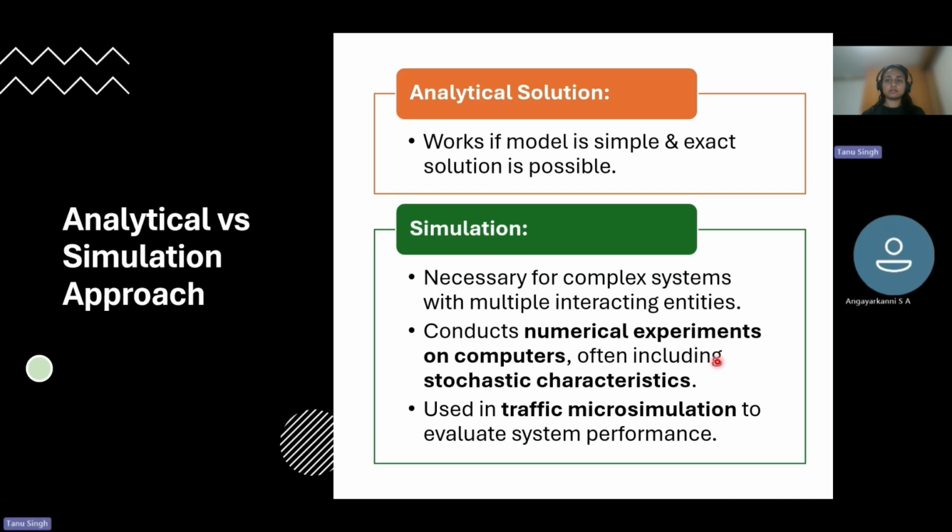Traffic microsimulation allows us to evaluate system performance under different scenarios, helping make informed decisions without risking real world disruption. Therefore, in traffic, we mostly use the simulation approach rather than the analytical solution.